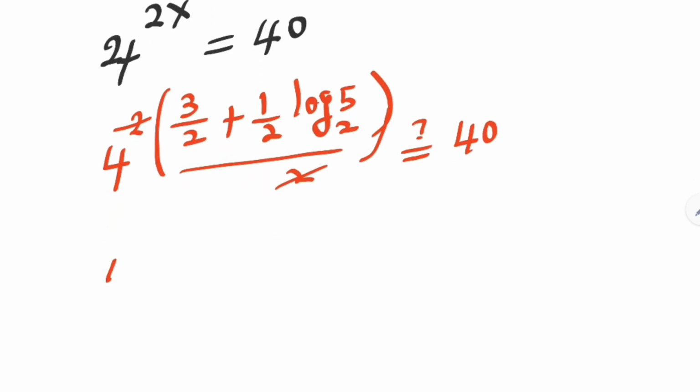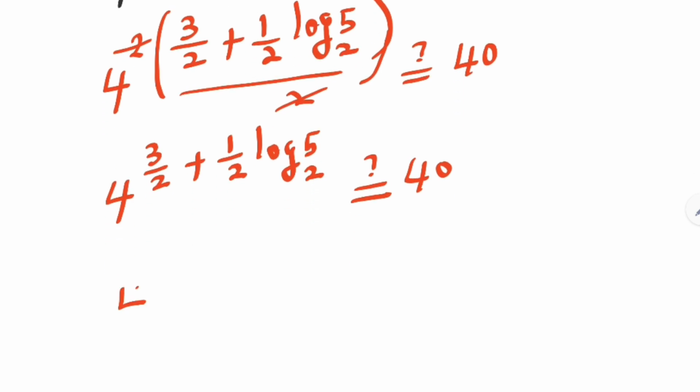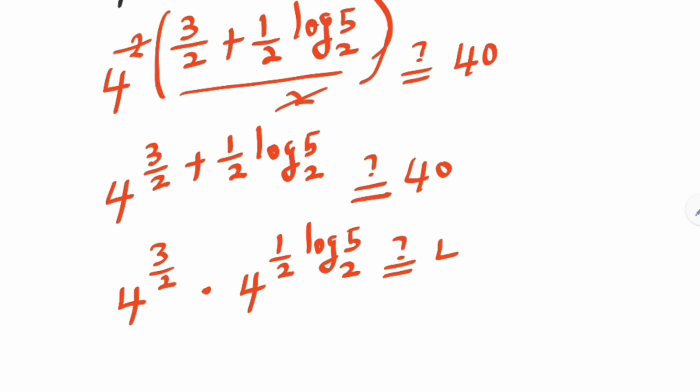We have 4 raised to power 3 over 2 plus 1 over 2 log 5 base 2 must be equal to 40. 4 raised to power 3 over 2 multiplied by 4 raised to power 1 over 2 log 5 base 2 must be equal to 40.